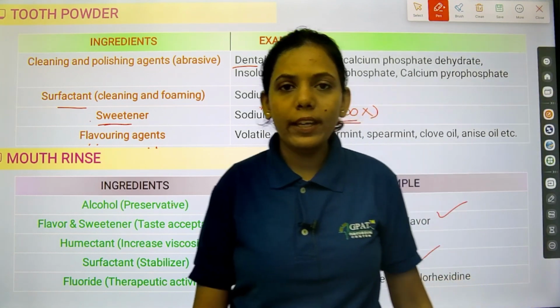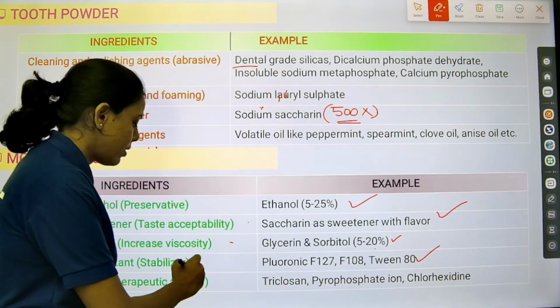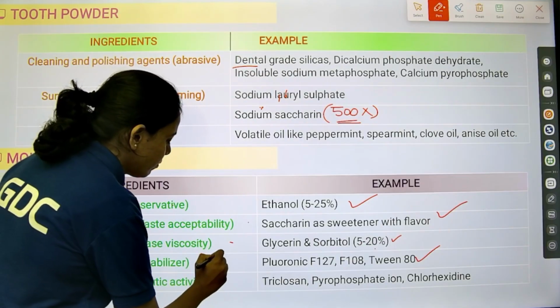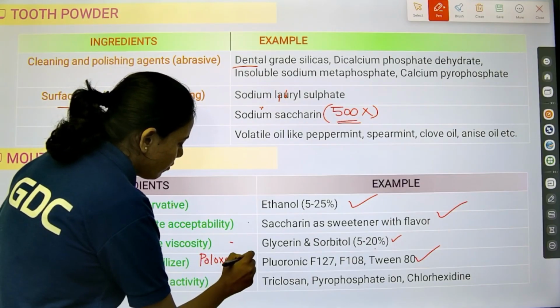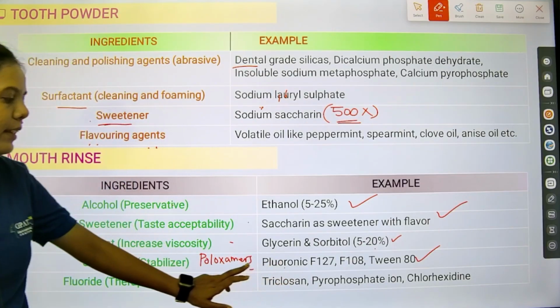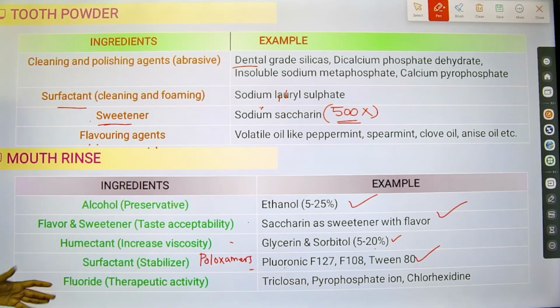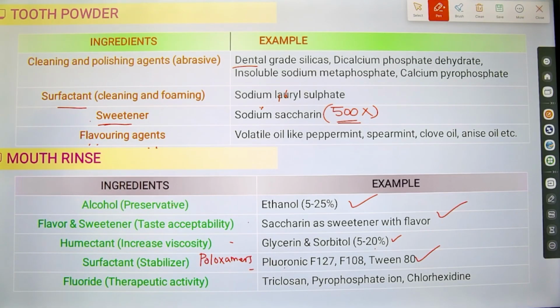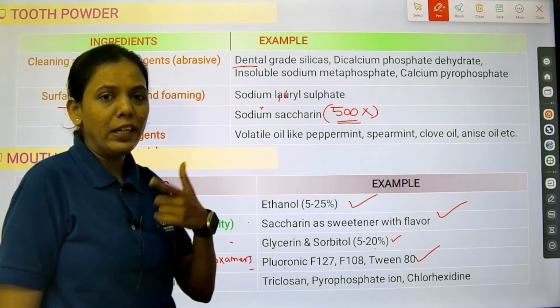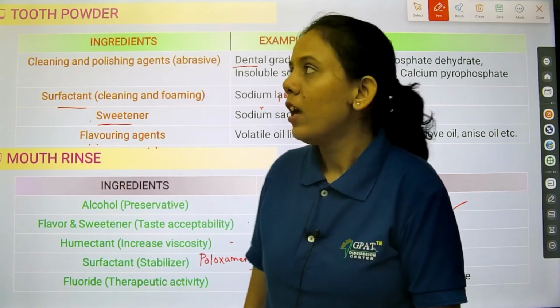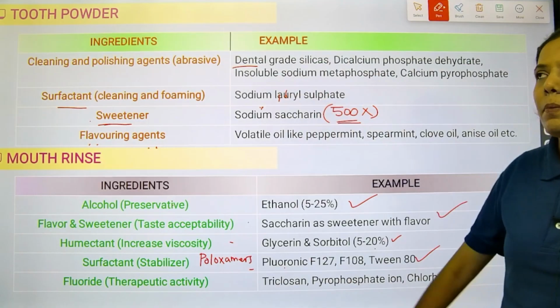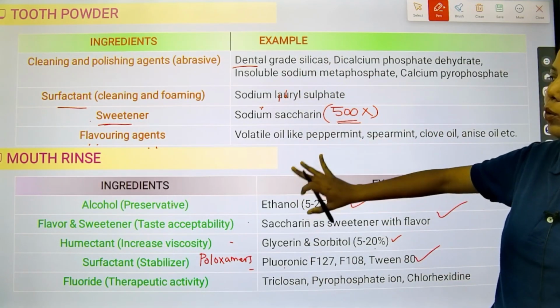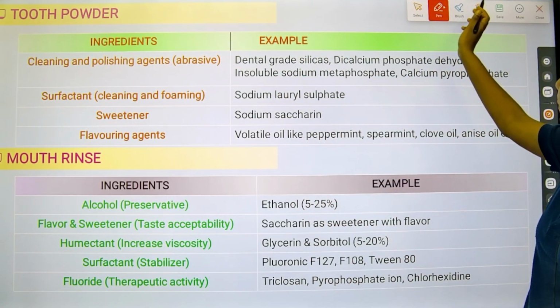Remember, pluronics are also known as poloxamers. Then fluorides for therapeutic activity, like triclosan, pyrophosphate, iron, and chlorhexidine. That will help to clean the surface of the enamel. So these are the various ingredients present in tooth powders and mouthwashes or mouth rinses.